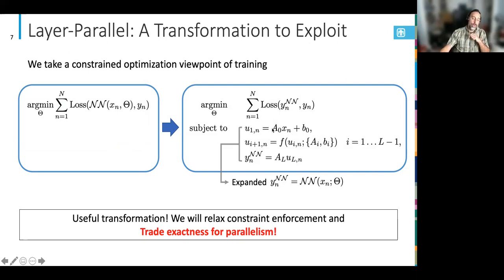Okay, what this allows us to do, and this is just an algebraic trick, there's really nothing special about this structure, but what it allows us to do now is to think about these equalities as approximate. So what we're going to do is allow ourselves to relax this equality statement here, and then that inexactness actually makes room for sneaking in parallelism and doing notions of domain decomposition in that structure.